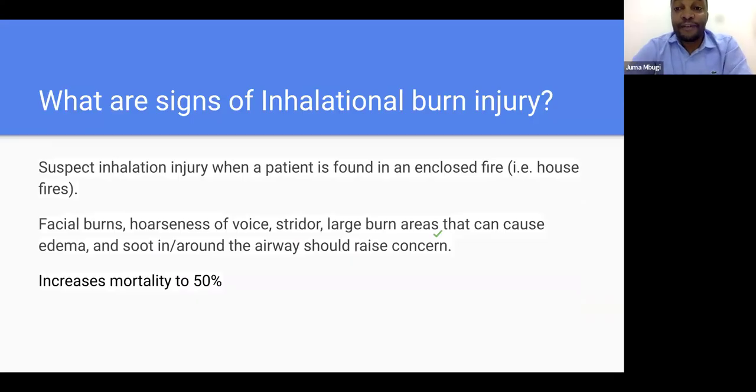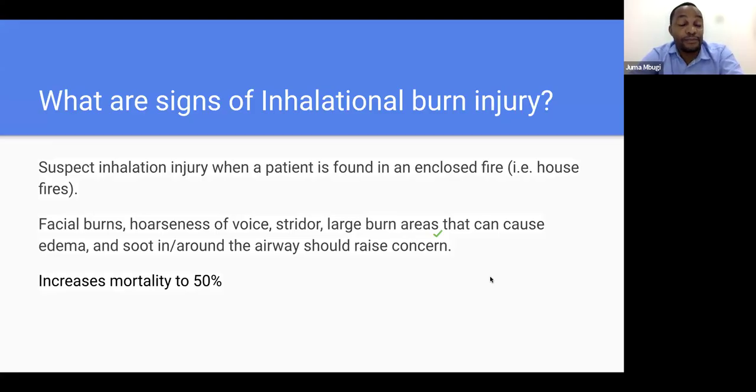So what are the signs of inhalational burn injury? We have seen some, but always suspect inhalational burn injury in a patient coming from an enclosed fire, like a burning house, or any fire, maybe a warehouse burning, or a house at home, whatever the reason.